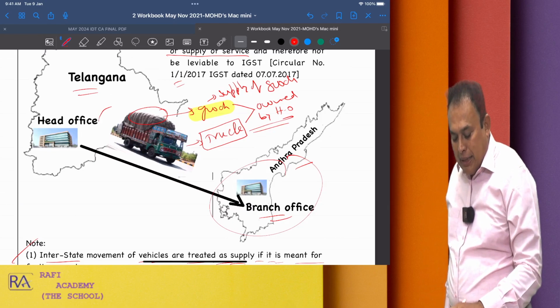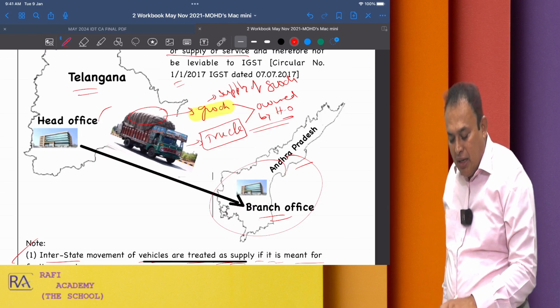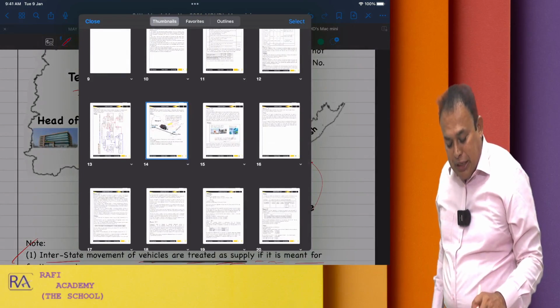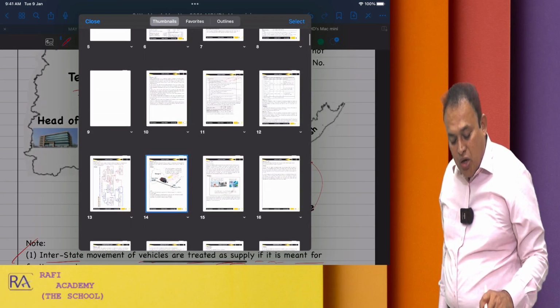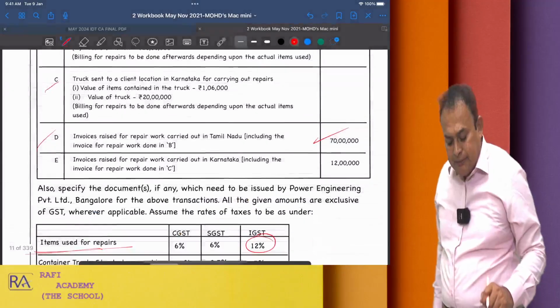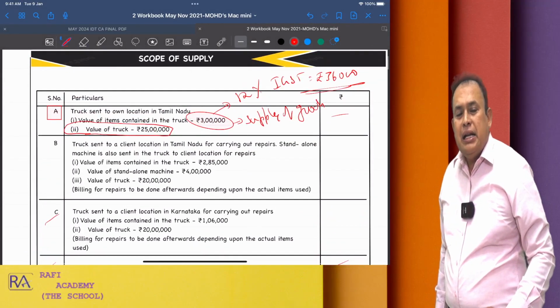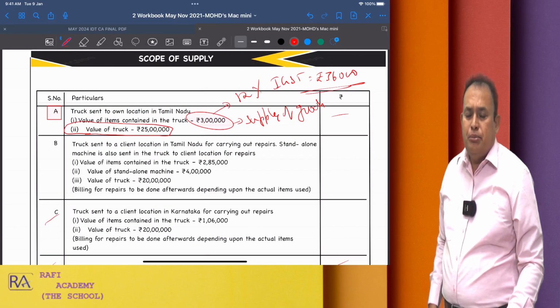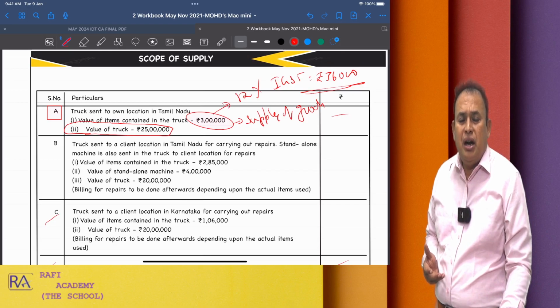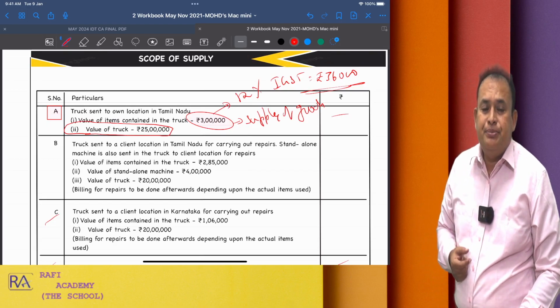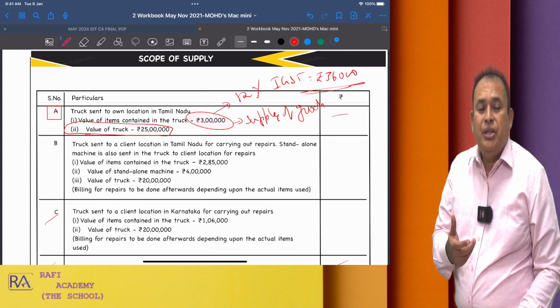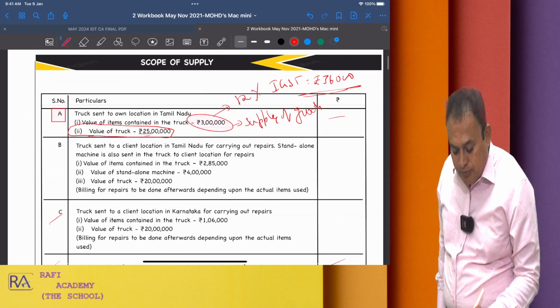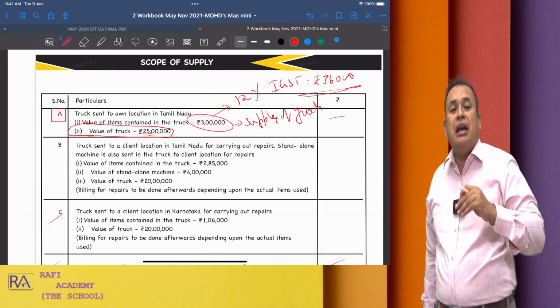Now please come back. Actually, we are referring to a comprehensive case scenario question. Bangalore head office of Karnataka sends the goods to its own Tamil Nadu branch, with the vehicle also along with the goods.